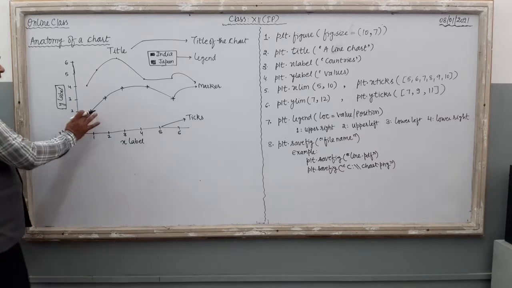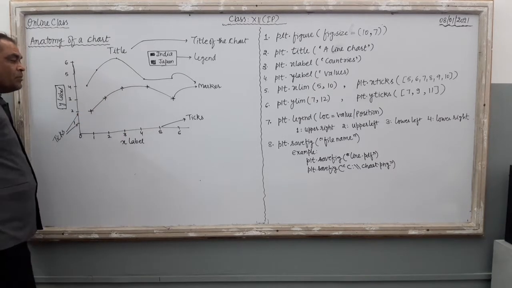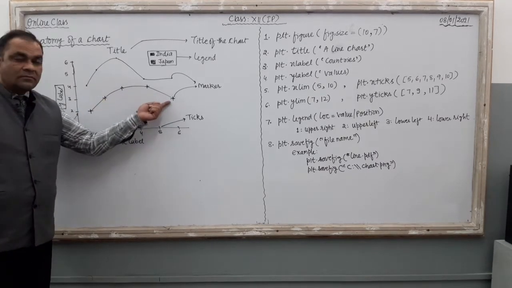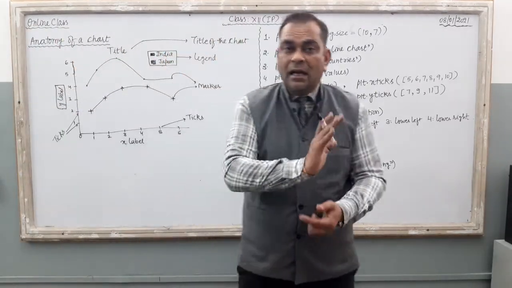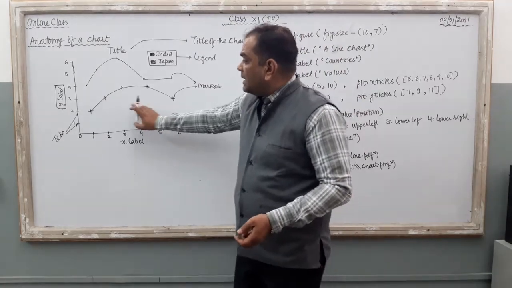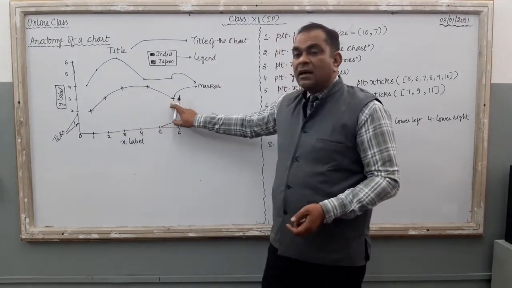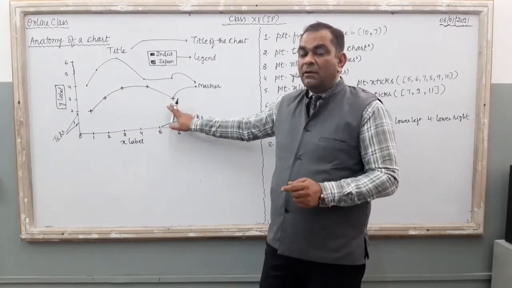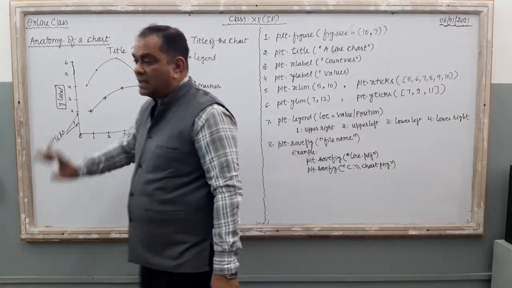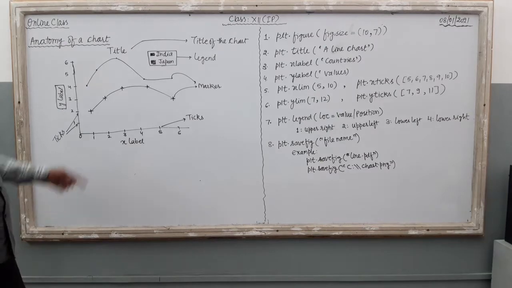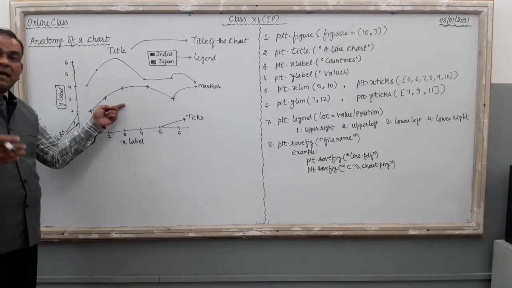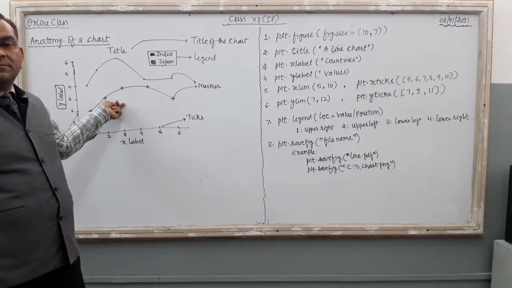Now just see what is there in this line chart. You can represent the line according to your specified color. A single color will be there for each line chart. Here two different line charts are there, so you can supply two different colors.